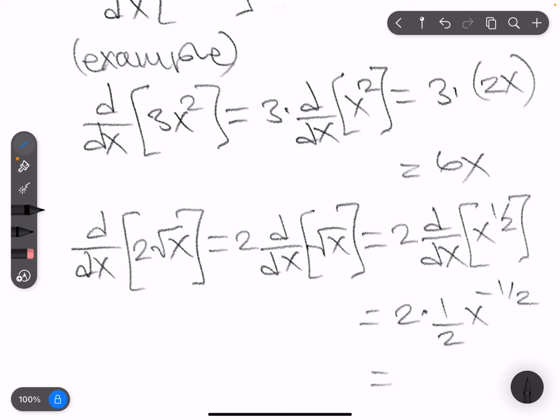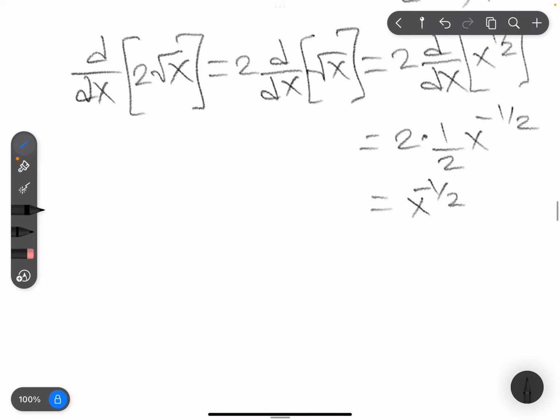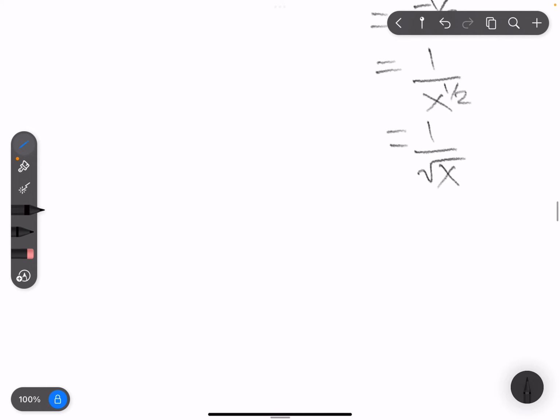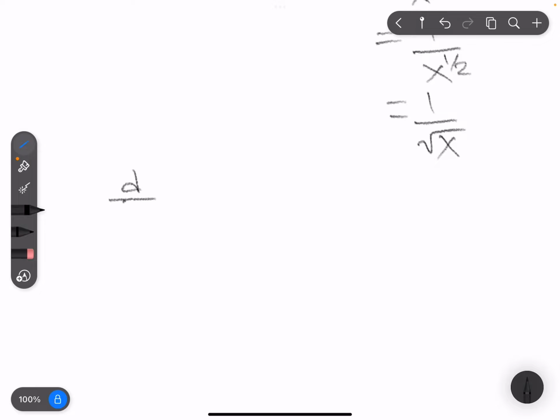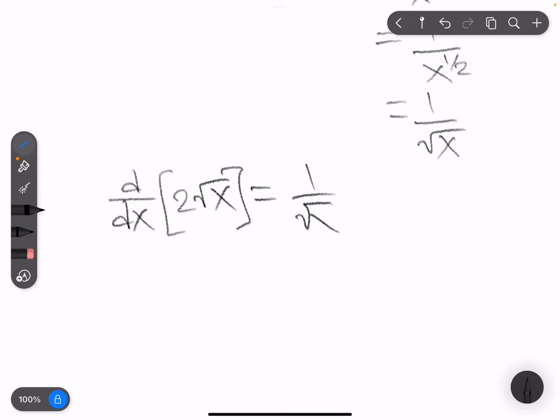And this simply turns into x to the minus 1/2, which is 1 over x to the 1/2, which is 1 over root x. So to write that all on one line, the derivative of 2 root x is 1 over root x. So this rule is actually quite essential and quite important.